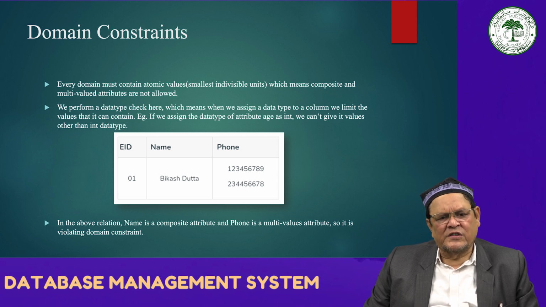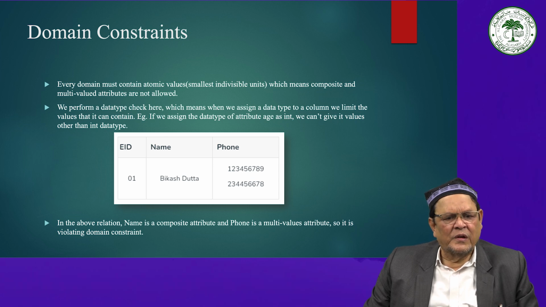Moreover, some other properties or features of domain constraints could be: every domain must contain atomic values, the smallest individual units, which means composite and multi-valued attributes are not allowed.